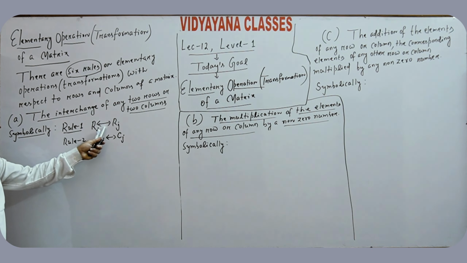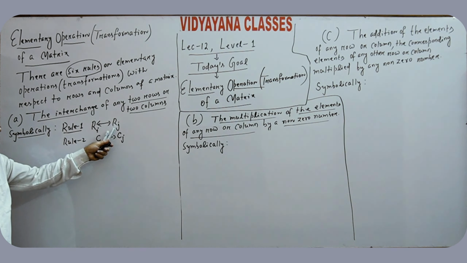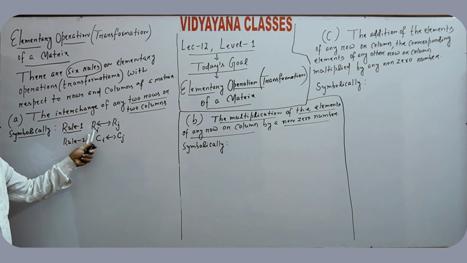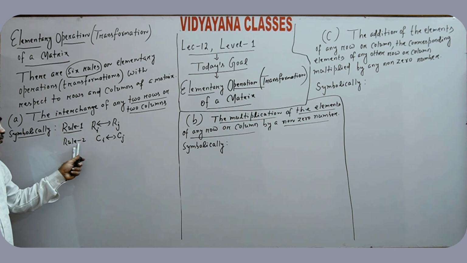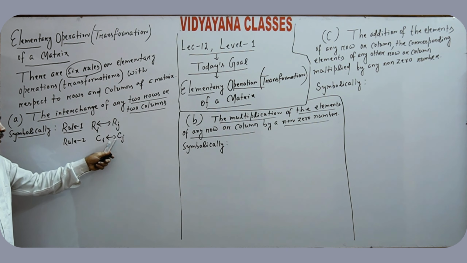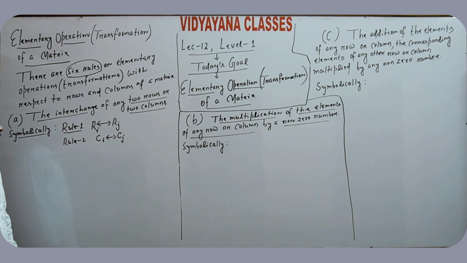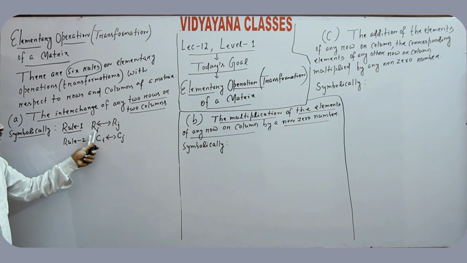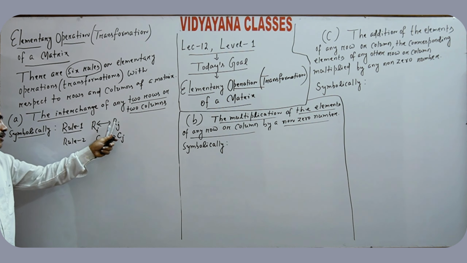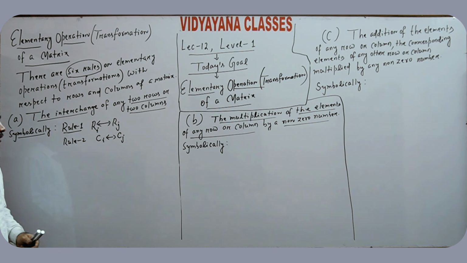According to rule 1, ith row is replaced by jth row, or jth row is replaced by ith row. According to rule 2, ith column can be replaced by jth column and jth column is replaced by ith column. That means in the interchange of any 2 rows, ith row and jth row are interchanged, and ith column and jth column are interchanged.